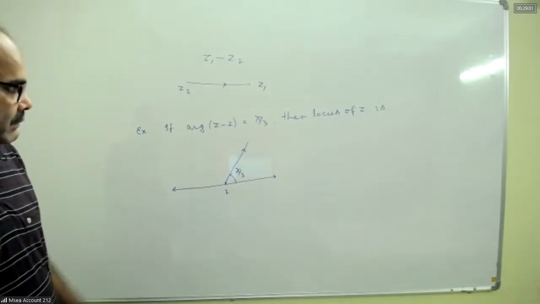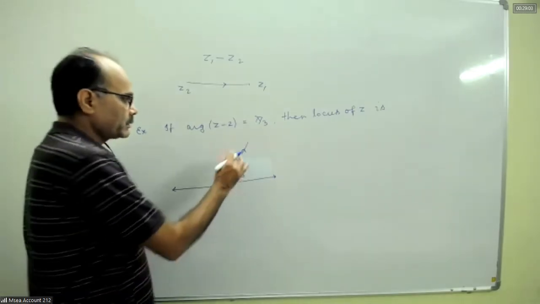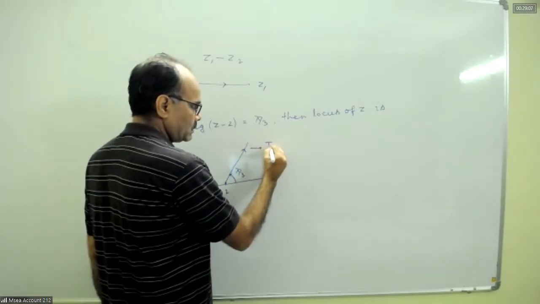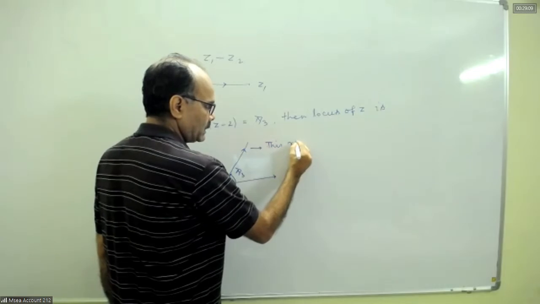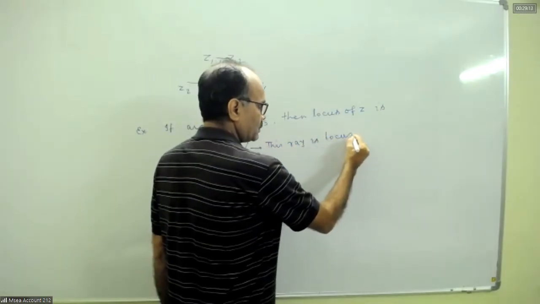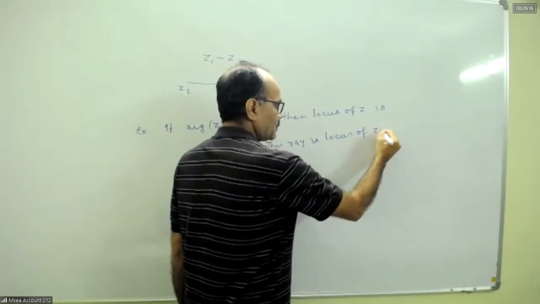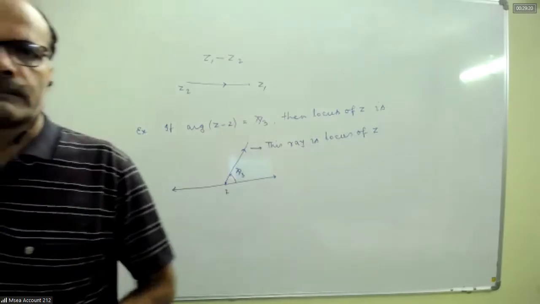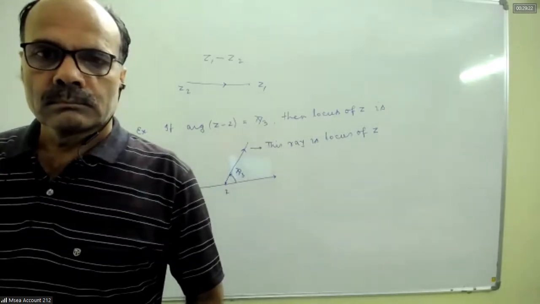Pi by 3. So locus of Z is this ray. Got it? Yes, sir.